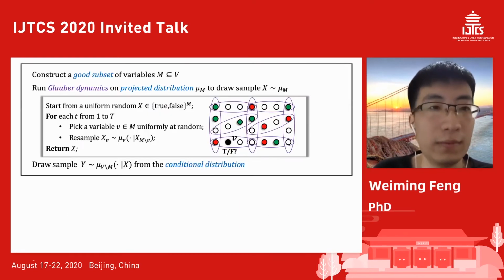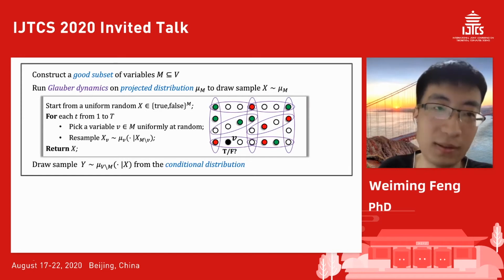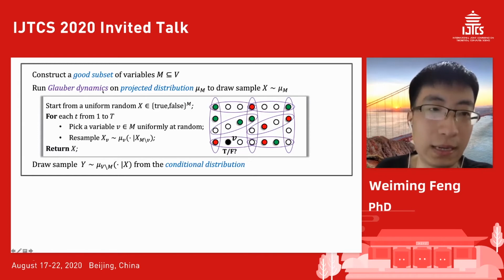Now, our algorithm first constructs a good subset of variables. We call this subset of variables M. Then we use global dynamics on the projected distribution mu M to draw a random sample from the distribution mu M. Here, mu M is the marginal distribution on M projected from the uniform distribution mu. The global dynamics for mu M is naturally defined.